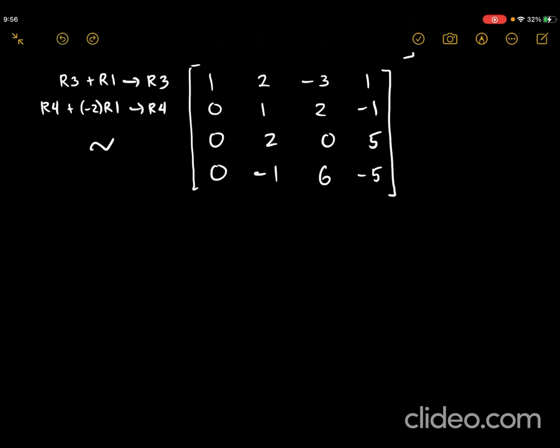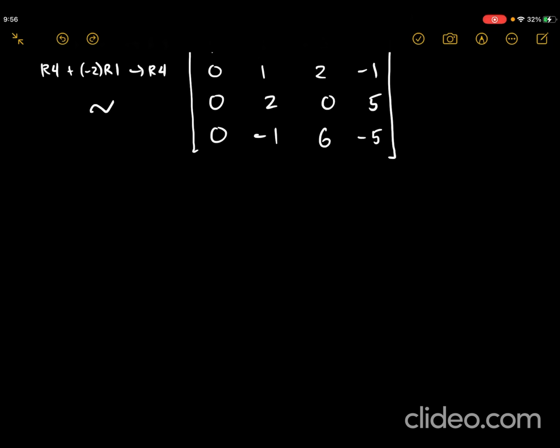So the next step is to consider the submatrix obtained by covering the top row. So we're talking about this 3x3 matrix. We apply again steps 1 to 4 to this 3x3 submatrix.